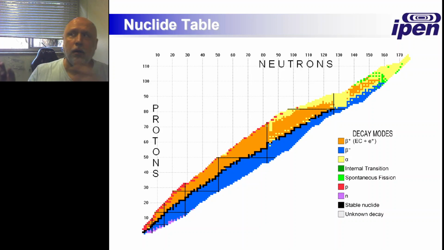If you think, protons have positive charge, right? Although the nuclear interaction is much, much stronger than the electromagnetic repulsion between positive particles, when you start to pile up too many protons, the repulsion starts to play a part.